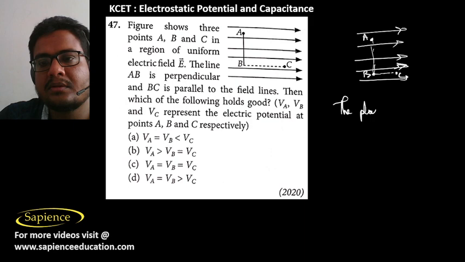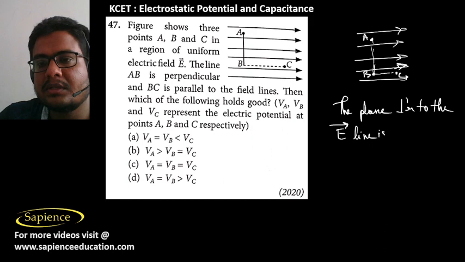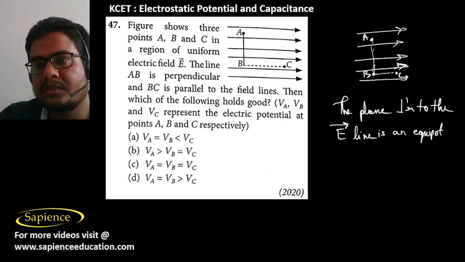Now we know that the plane which is perpendicular to the electric field lines is an equipotential surface.